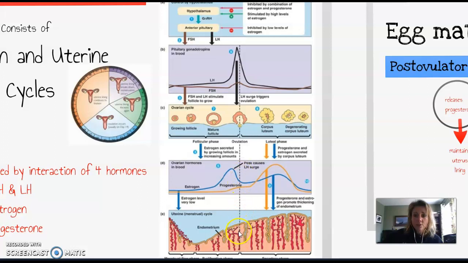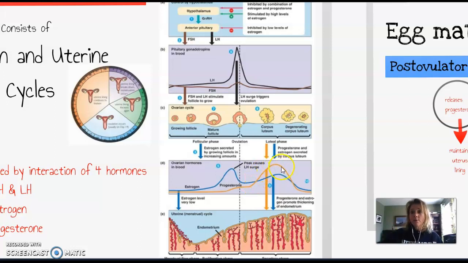After ovulation occurs, we need to look now at the secretory phase, but I just wanted to make sure that you understand that pre-ovulation, we have estrogen going up, up, up, and that's going to cause this thickening of our endometrial lining. After ovulation, our estrogen levels are going to go down, see this blue line, but our progesterone levels go up.